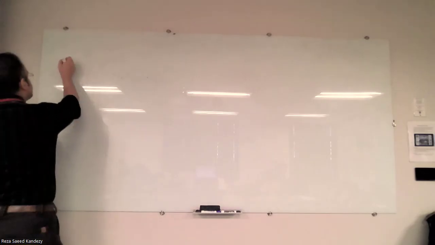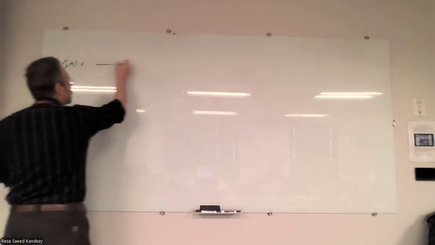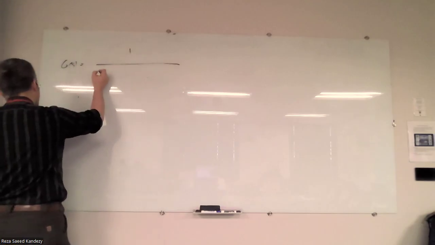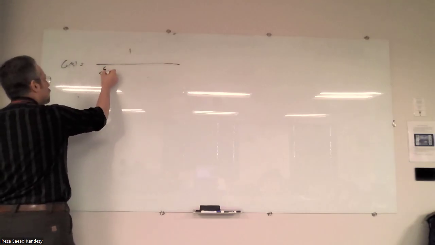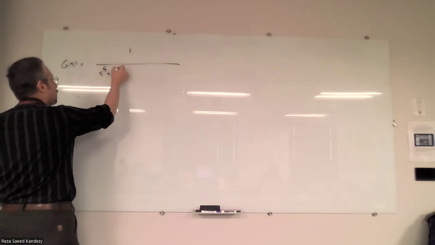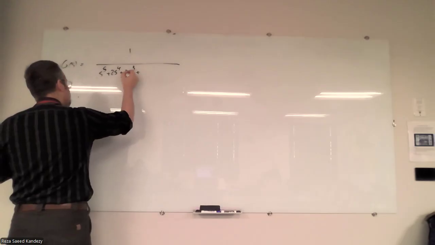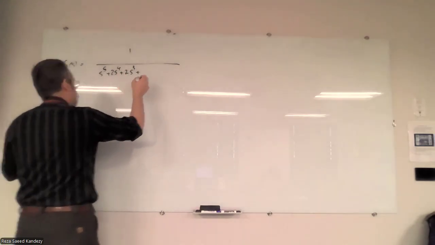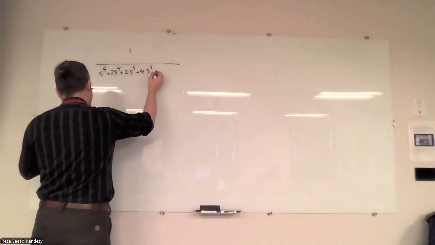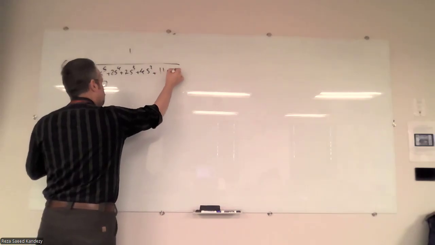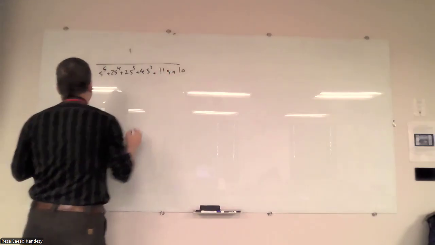Okay, the next example, we are going to go a little bit more wild. Our transfer function G of s is going to be 1 over s to the power of 5 plus 2s to the power of 4 plus 2s cubed plus 4s squared plus 11s plus 10.